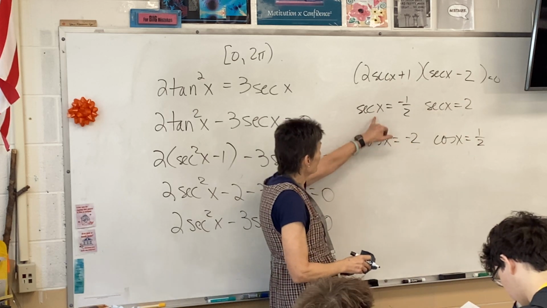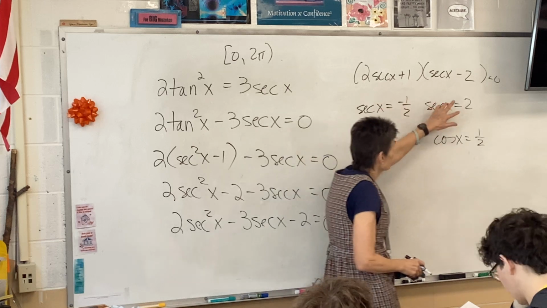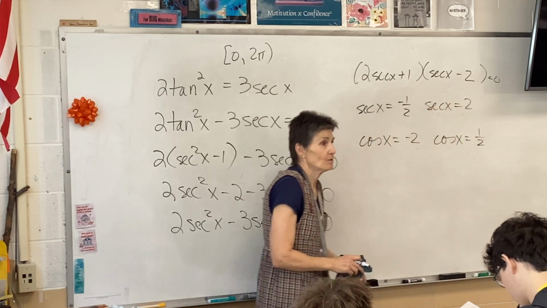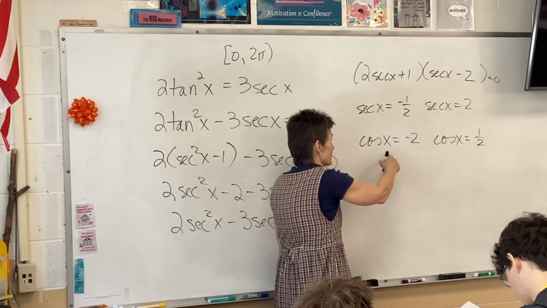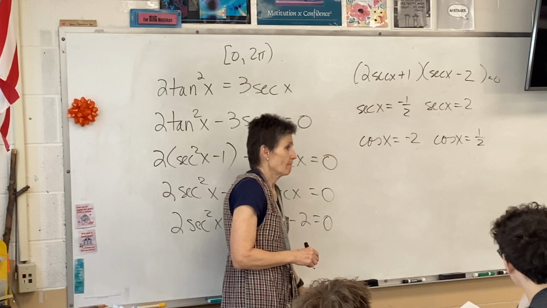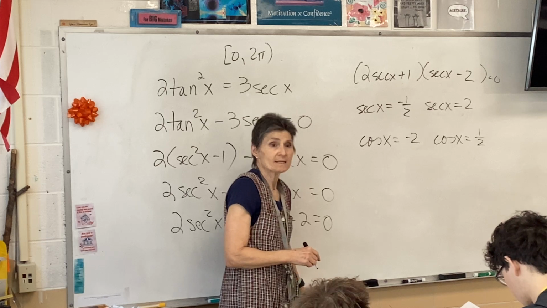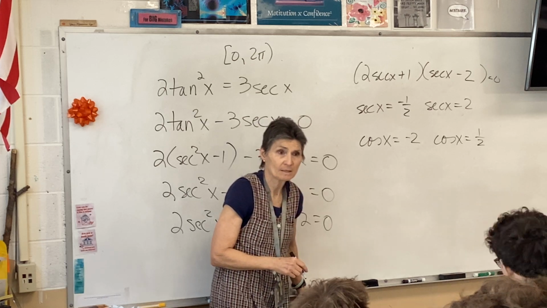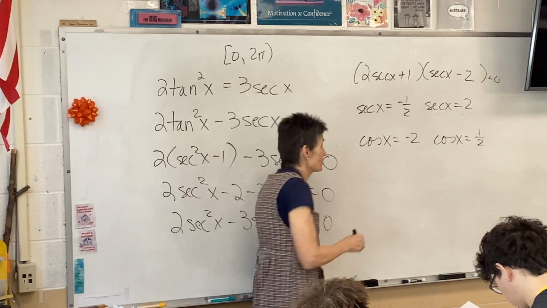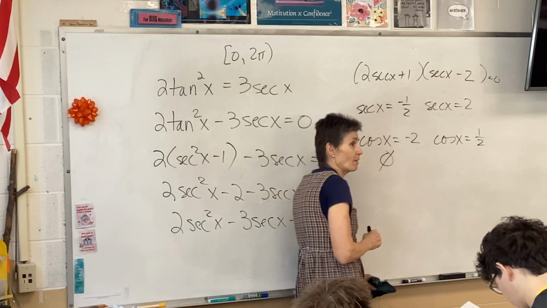So remember, the cosine is just the reciprocal of the secant. Does that make sense to you? What about this? No can do. Sines and cosines cannot be bigger than 1. So we're not gonna get an answer out of that part.